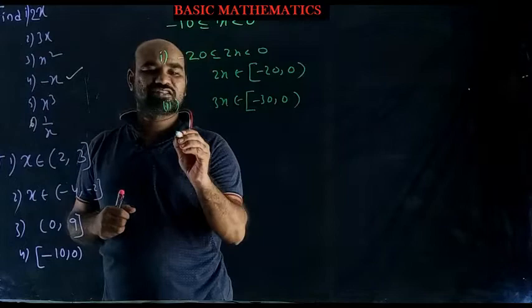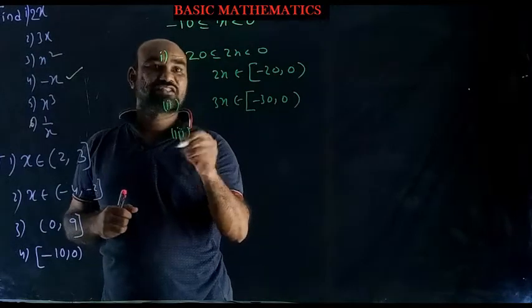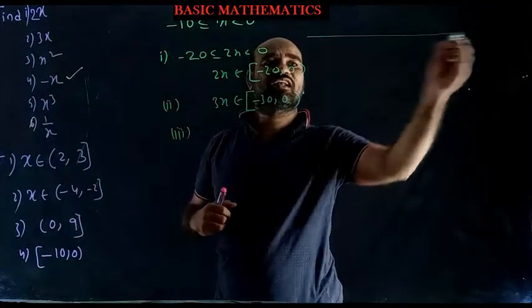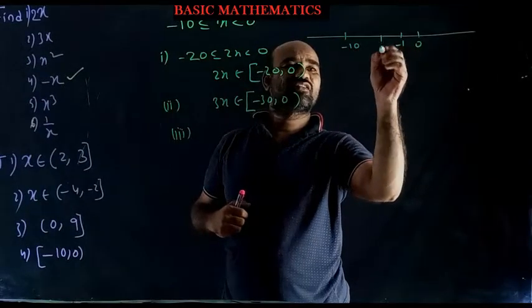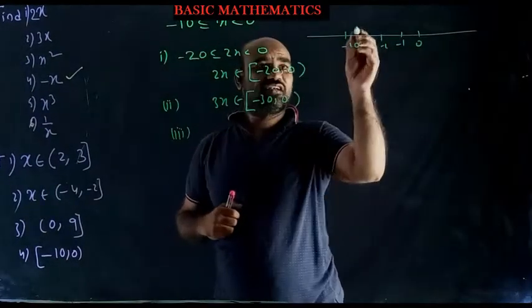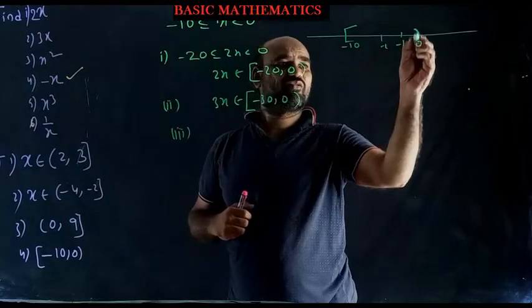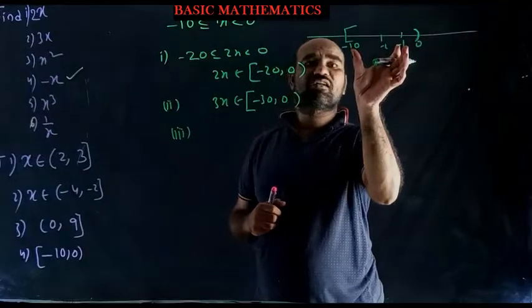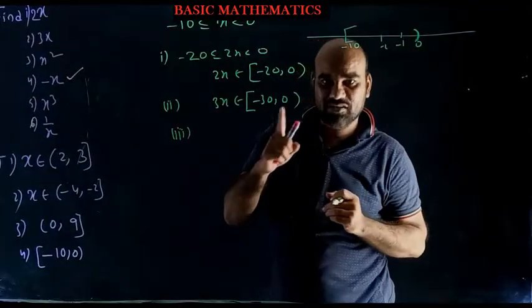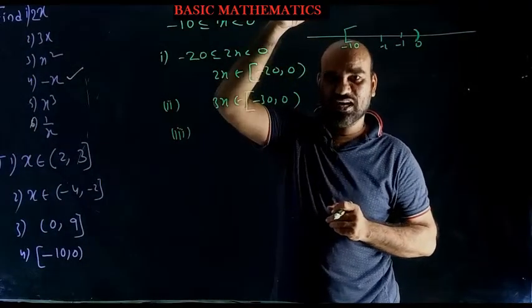X square, interesting. Squaring, again I want to explain here. Here minus 10, here 0, here minus 1, minus 2, like that. Minus 10 is included, 0 excluded on the number line. These numbers are squared. Minus 10 squared is 100.